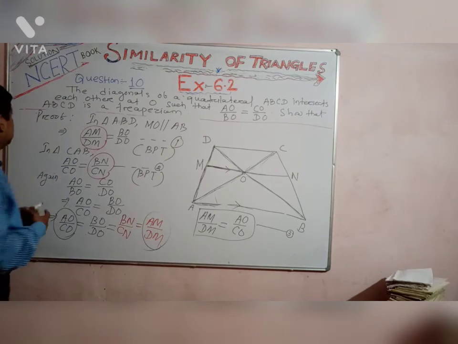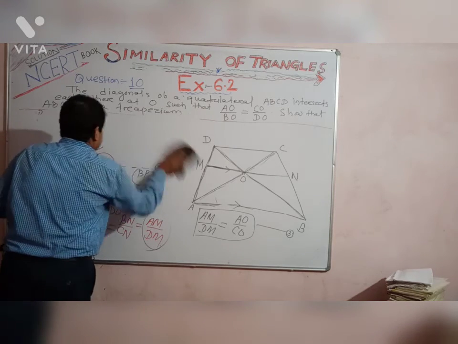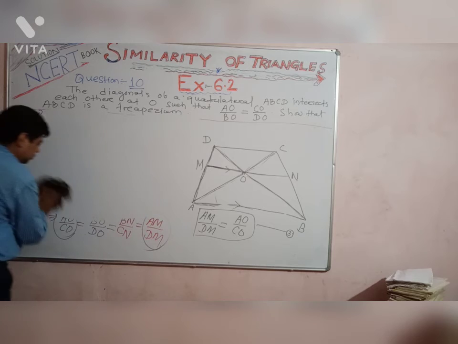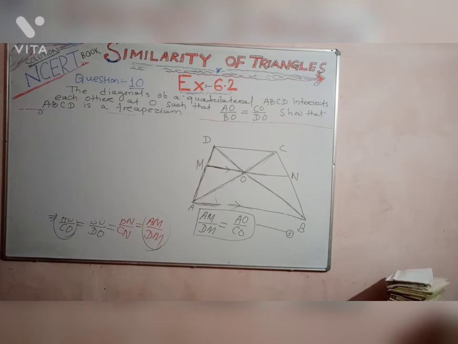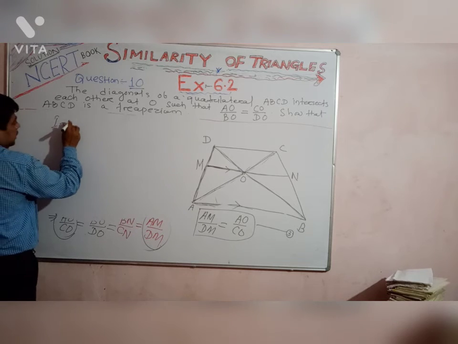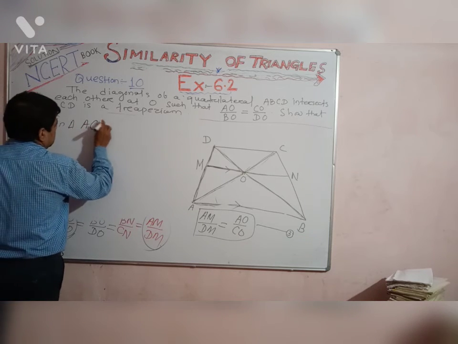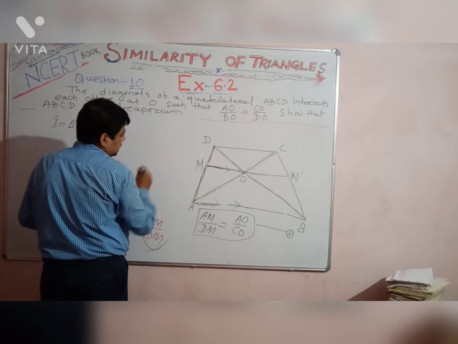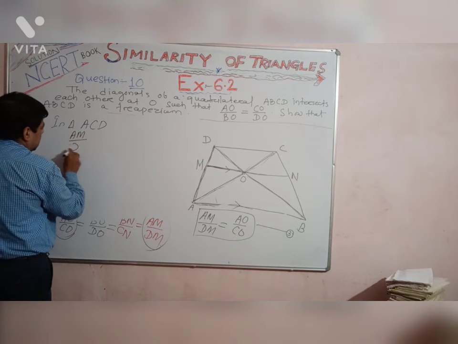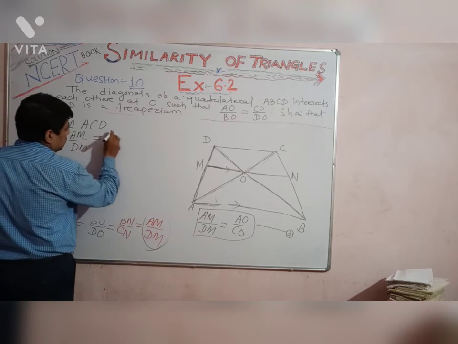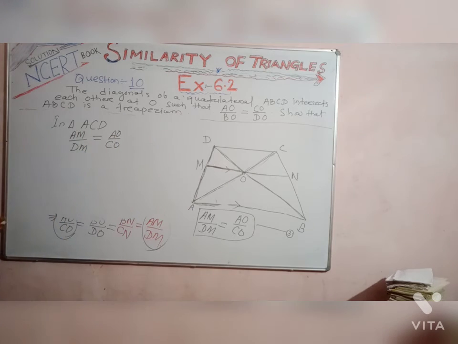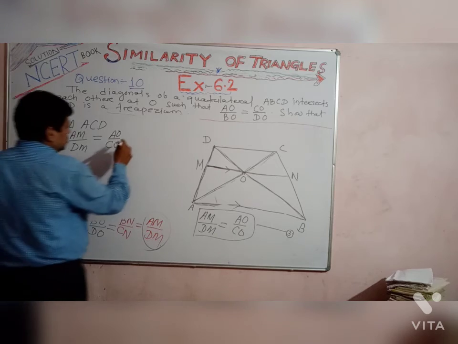Okay, let's see. In triangle ACD, AM upon DM is equal to AO upon CO, from equation 3.